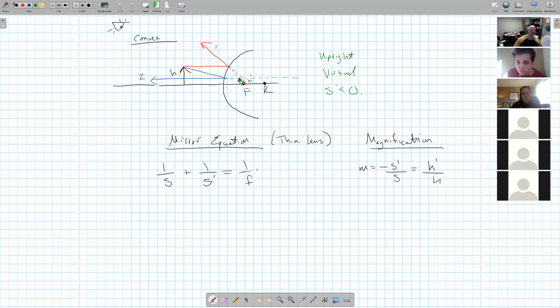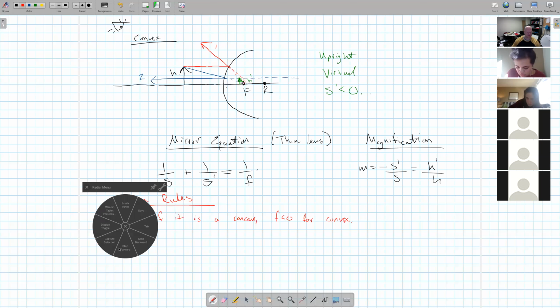So good. To use this thing, it comes with a bunch of sign rules. So let's talk about the sign rules. Sign rule number 1. F, which is the focal length, is positive if it is a concave mirror, and it's negative for a convex mirror. So that's sign rule number 1.